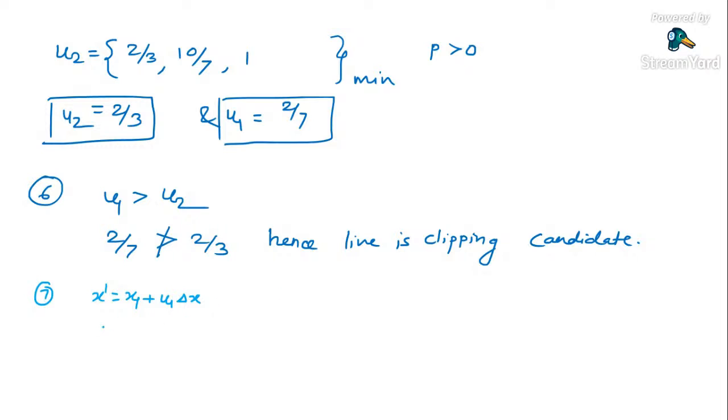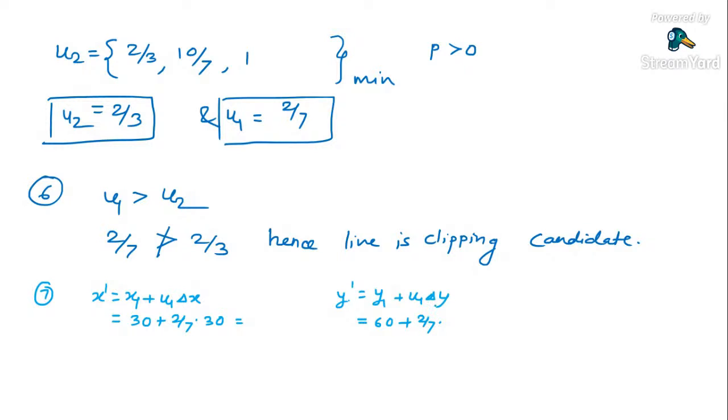The x1 value is 30, plus u1 which is 2 by 7 into delta x. What is delta x? It is 30. Then y dash is equal to y1 plus u1 delta y. The y1 value is 60 plus u1, 2 by 7, into delta y.